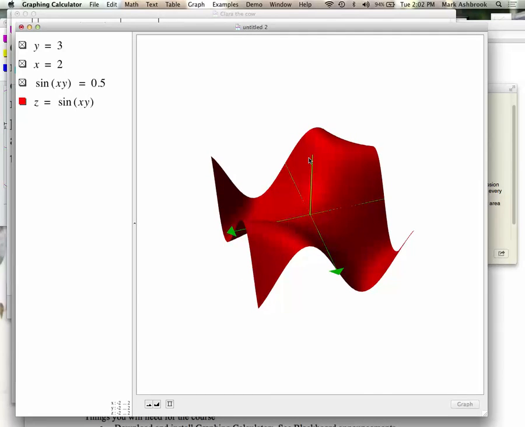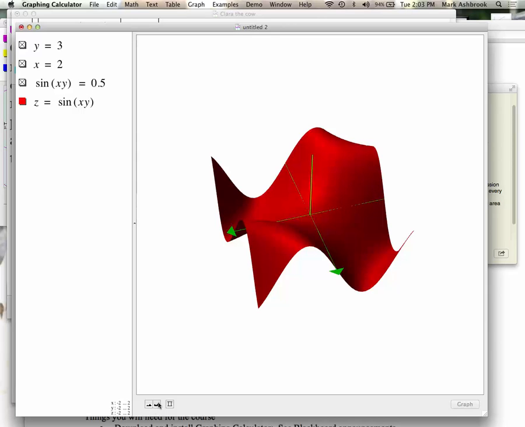For three-dimensional graphs, in the lower right-hand corner of wherever your command lines are, you can set the X, Y, and Z range just by clicking on there and changing those. Or you can use the zoom in and zoom out.